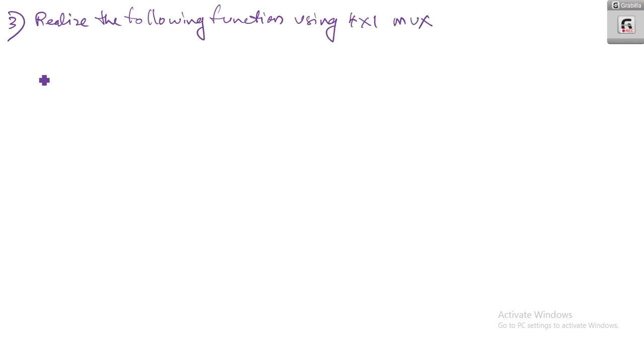Okay. So the function is given by f of a comma b comma c is equal to sigma m 1, 2, 4, 7. Okay.